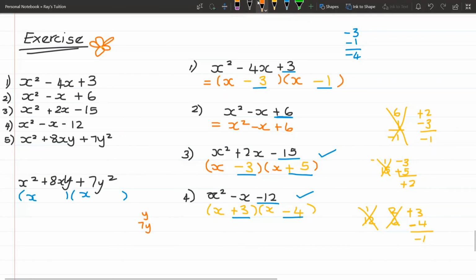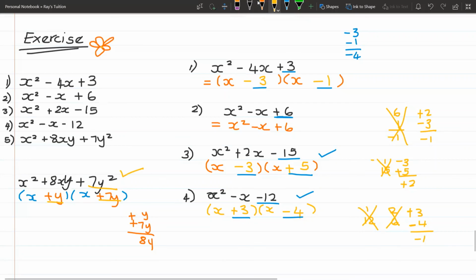It's also a prime number, so there's no other factors. So we're looking for an 8. So we have plus and plus will give us 8. So that means this has to be a plus y and a plus 7y. And then the last thing we do is our check. Y times 7y is positive 7y squared, so it's correct.